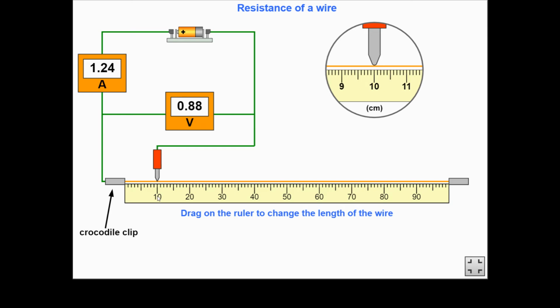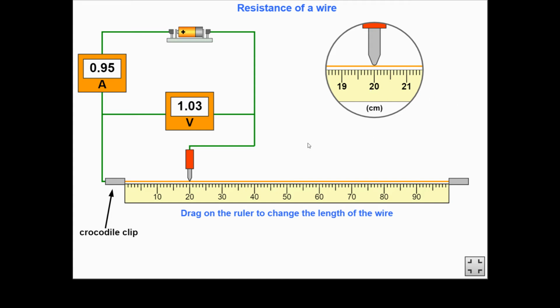So 10 centimetres, 0.88 is the PD. I do appreciate your table said voltage, but I've written it down as PD because that's really what I wanted. And our current is 1.24. Now we're going to go up to 20. Now notice up here I'm trying to be as accurate as I can be. So 20 centimetres, and we've now got 1.03 and 0.95.